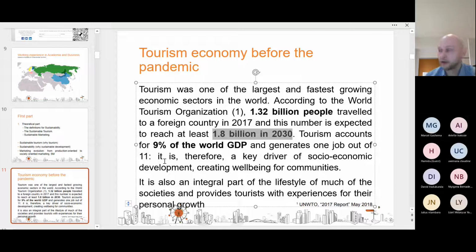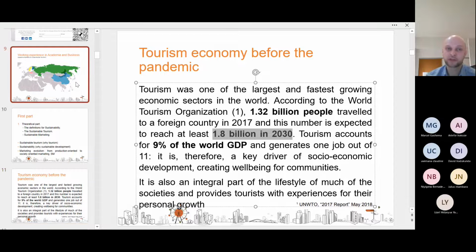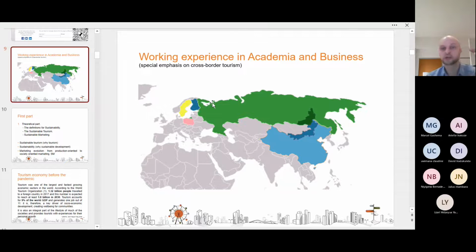So that's why I can answer the question asked by Nia Gena. So what kind of positive impacts can tourism have on the economy? Tourism can be a driver of socio-economic development and can create well-being for communities, especially when we take into account rural territories or remote regions.